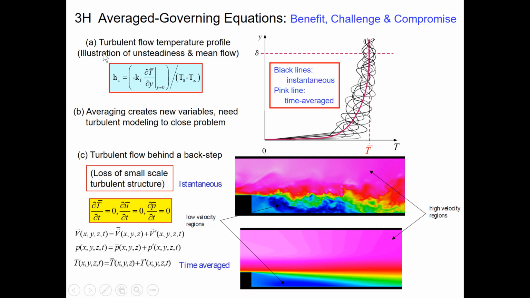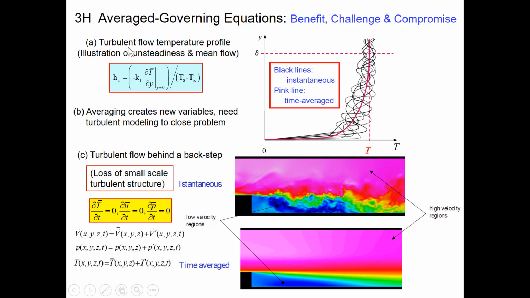The benefit of using the averaged governing equation is we can solve for the mean temperature profile, then get our heat transfer coefficient to reach our ultimate goal.